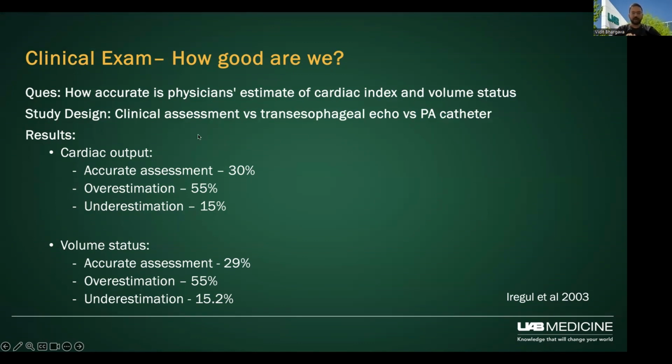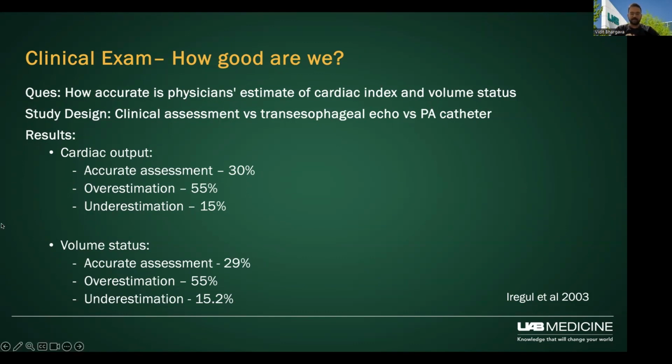And what the study found is that both in terms of assessment of cardiac output, as well as in volume status of the patient, the physicians were able to predict it correctly only about 30 to 35% of the times. And the rest of the times, it was either an over or underestimation of the true value.